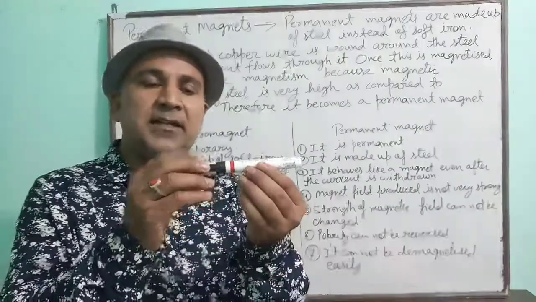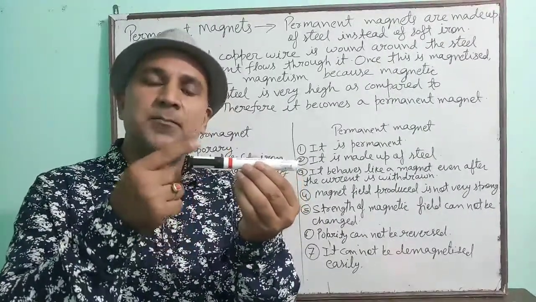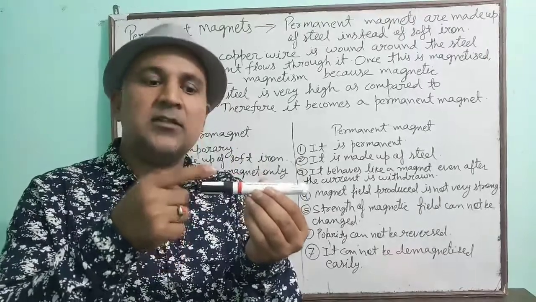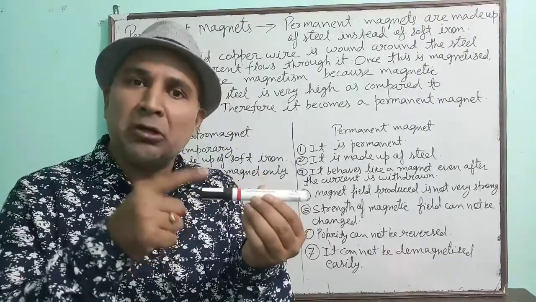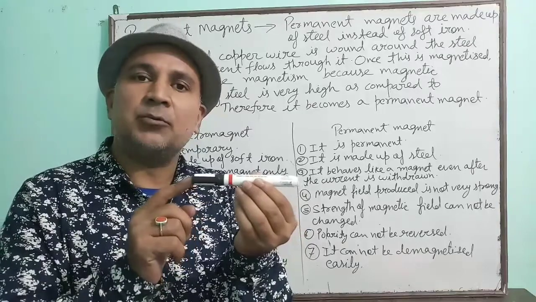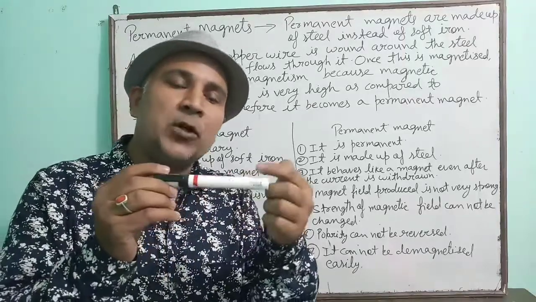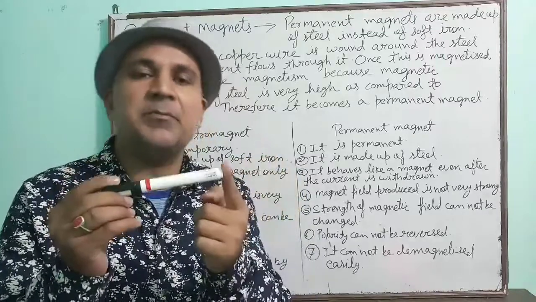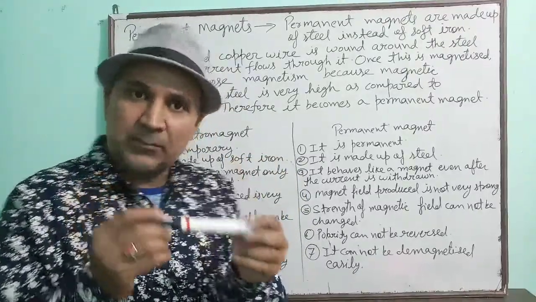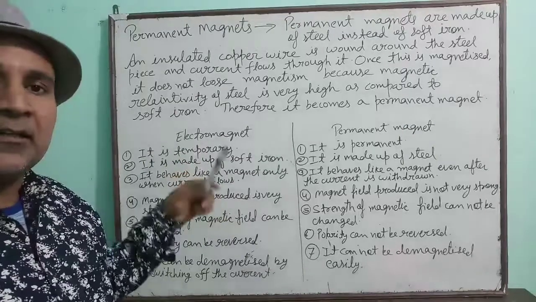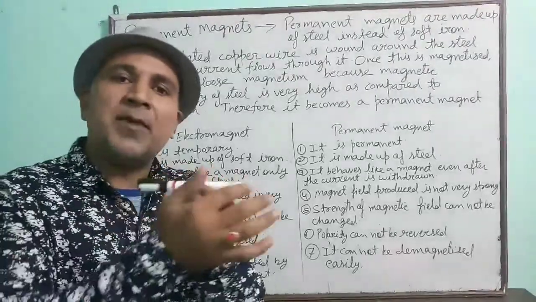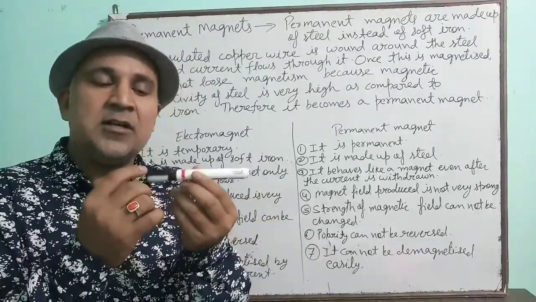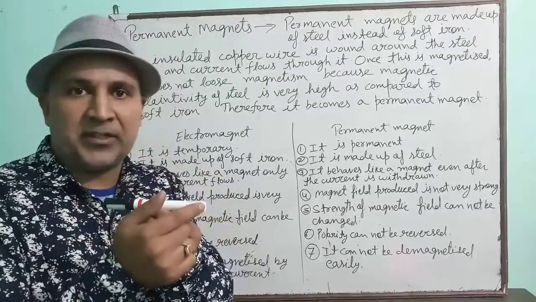Suppose in the bar magnet, from this side we are flowing the current clockwise, then this will be the south. It means in the electromagnet, the pole of the bar magnet can be changed by reversing the direction of current.